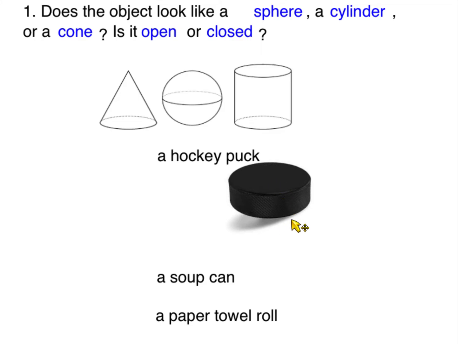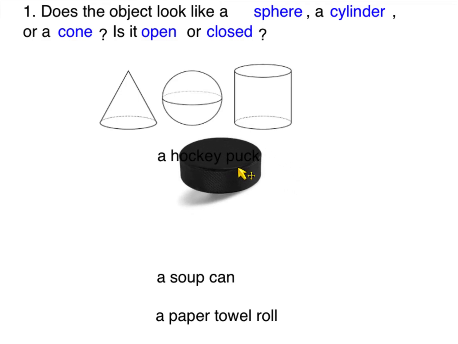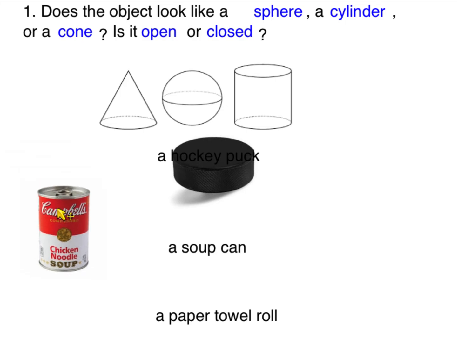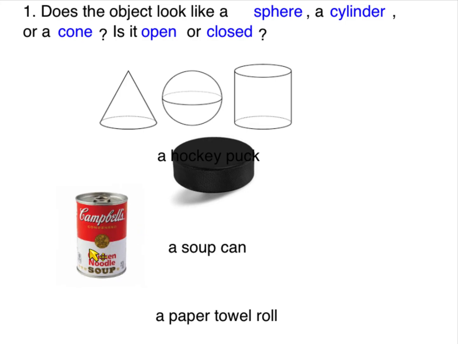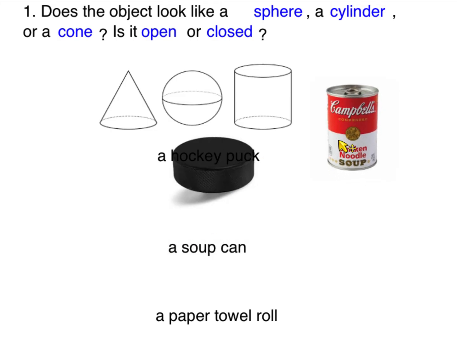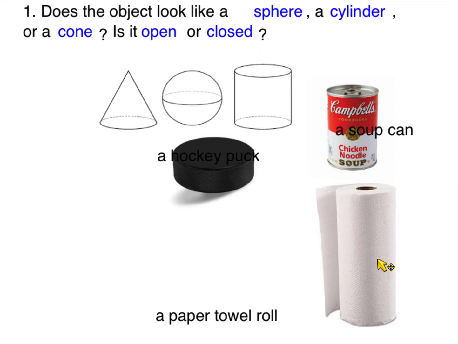Flat on the top and flat on the bottom, so it's closed. A hockey puck would be a closed cylinder. Soup can. Doesn't have a point, not round like a ball, but it has a circle on top and a circle underneath. Also, closed.